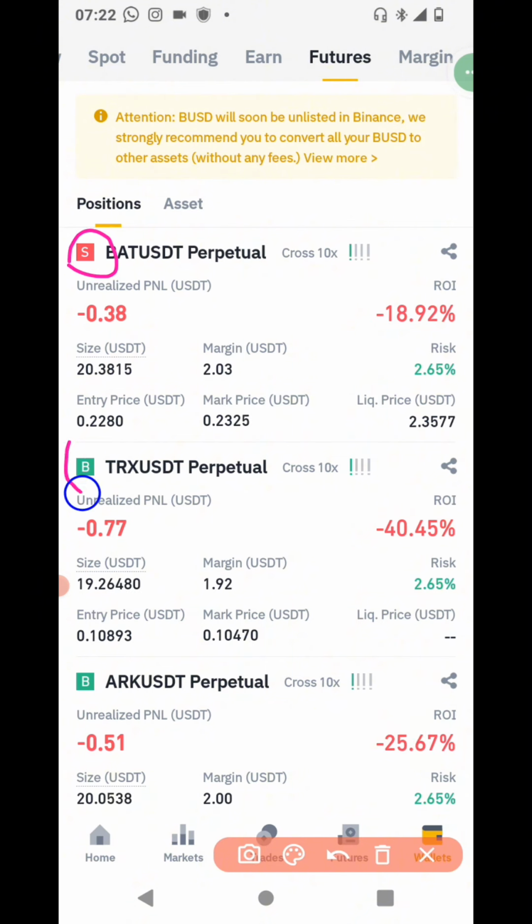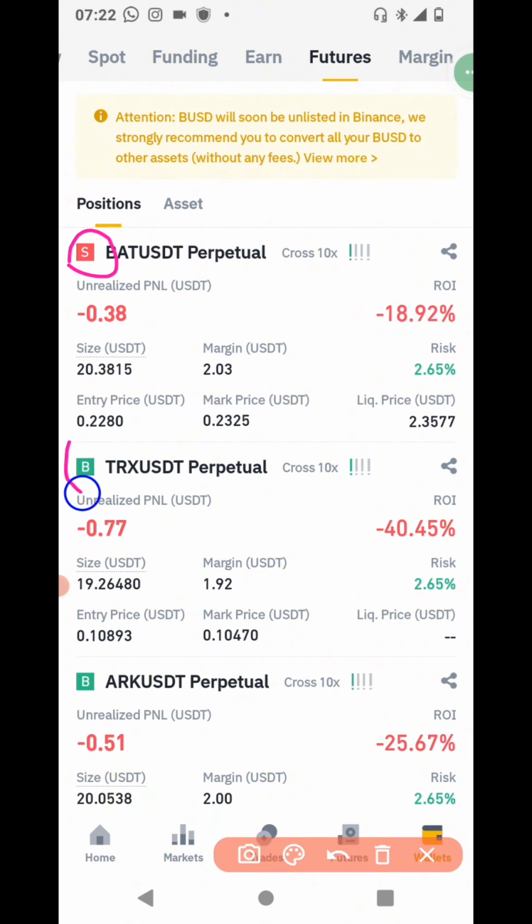Now, the S stands for sell. Professionals call it short. This B stands for what? Buy. Professionals call it long.